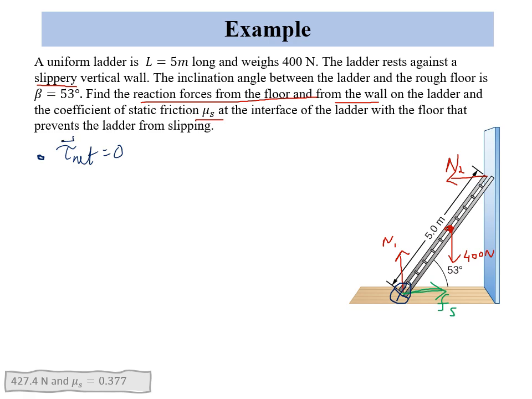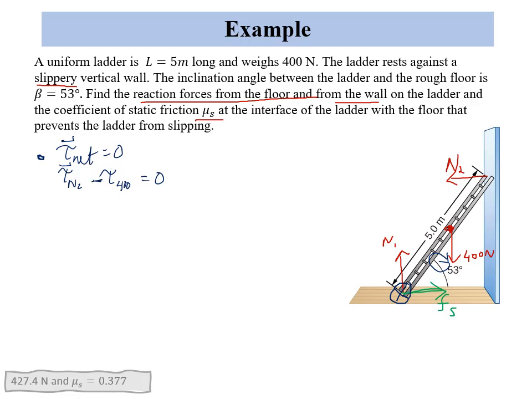So I have torque due to N2 plus torque due to the 400 newton weight, equal to 0. These are vectors, so I need to figure out their direction. The 400 newton force acting on this ladder makes the ladder rotate in this direction, which is clockwise, so that is negative.